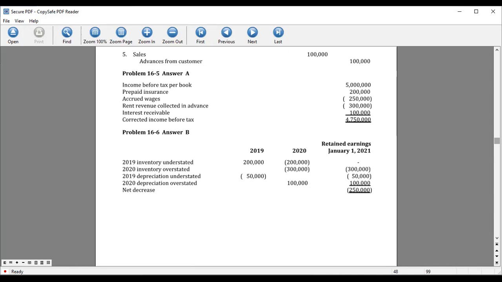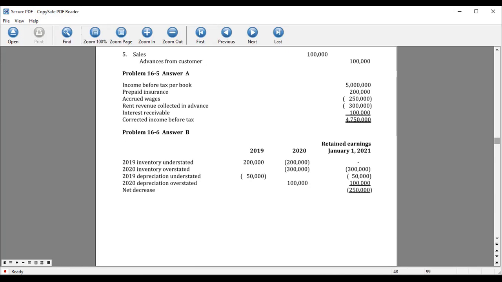200,000. Accrued wages, 250,000. The accrued wages are supposed to be debited to wages expense and credited to accrued wages payable.